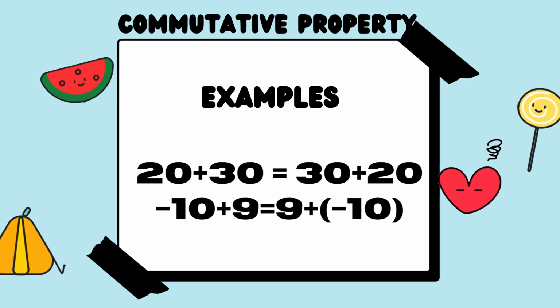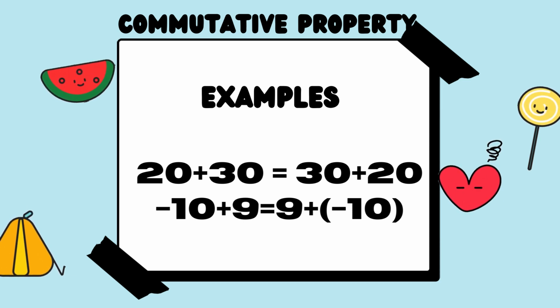So, for example, we have negative 10 added to 9 and then 9 added to negative 10. They are still the same as stated by the commutative property because negative 10 plus 9 is negative 1 and 9 plus negative 10 is negative 1. They are just the same. Negative 1 is the same as negative 1. That is commutative property. So no matter how you exchange the order or change the order, it will not affect the sum.